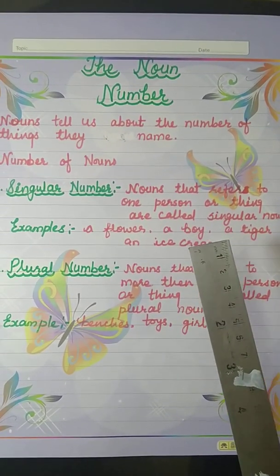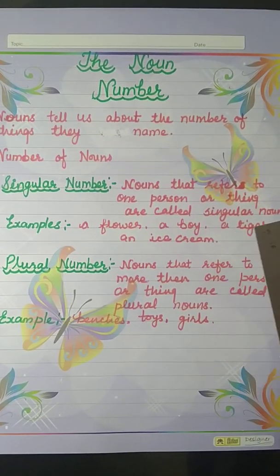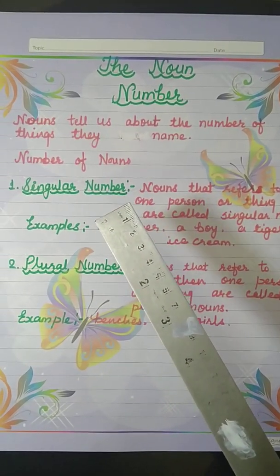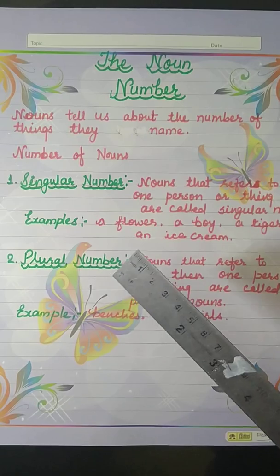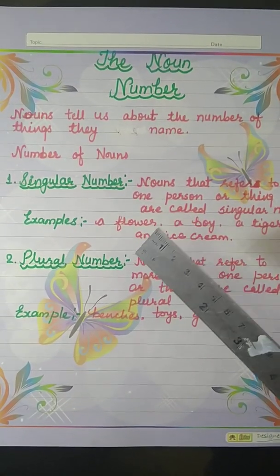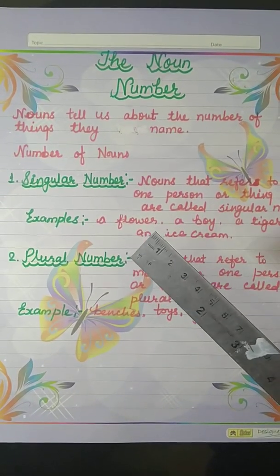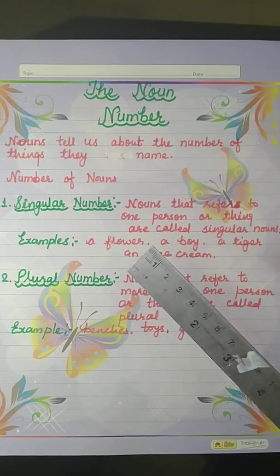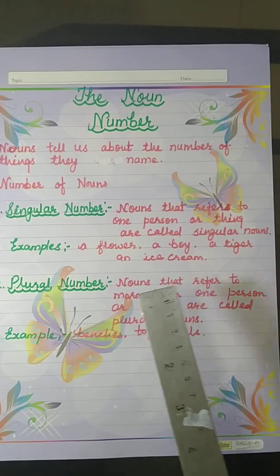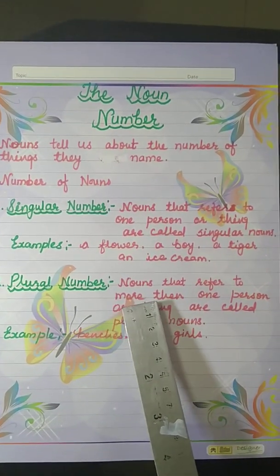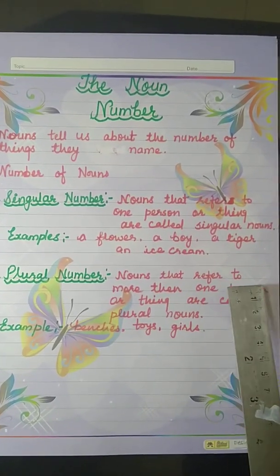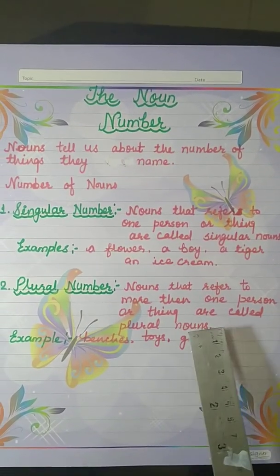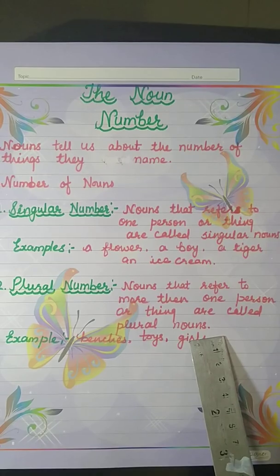Okay. Now, in another way we can say any noun standing for one person, animal, place or thing is said to be in the singular number. Okay. Now we move on to the plural number. Nouns that refers to more than one person or thing are called plural nouns.